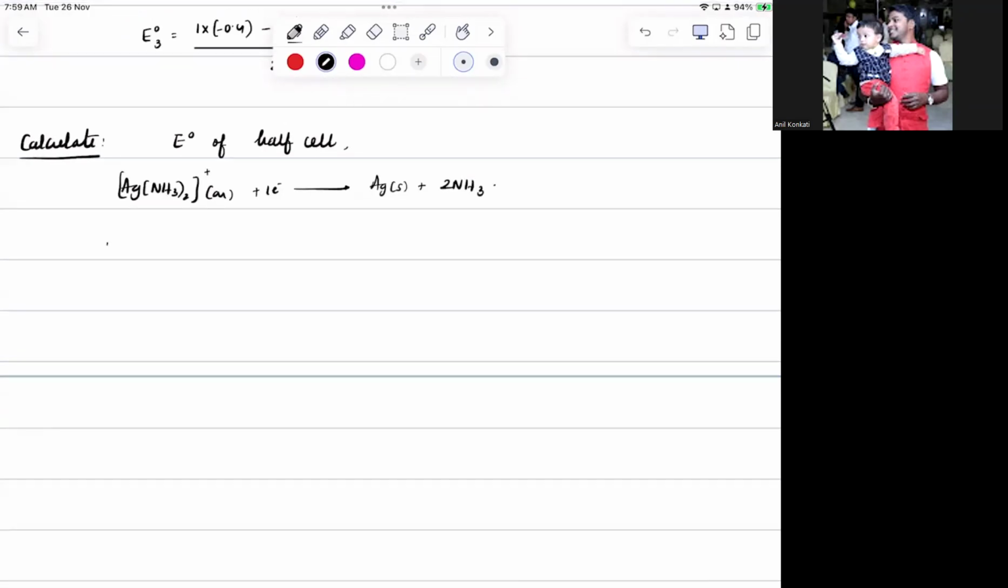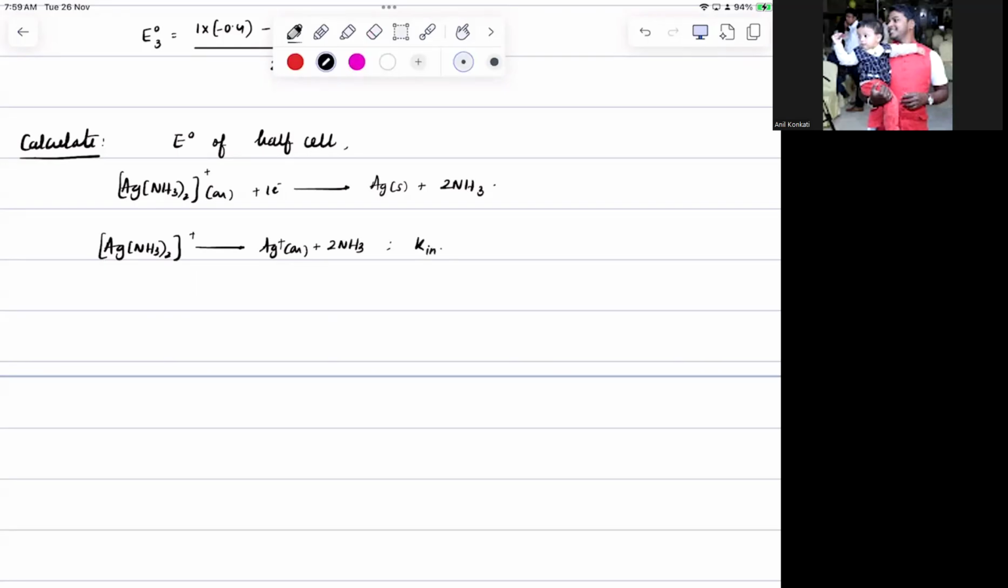What are the values given? Ag(NH3)2 plus converting into Ag plus aqueous plus 2 moles of NH3. This is not mentioned directly. It will be given as K formation, sorry, K instability.